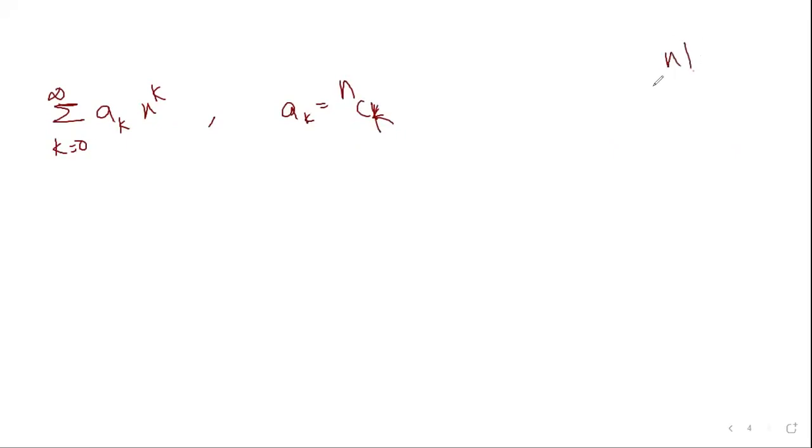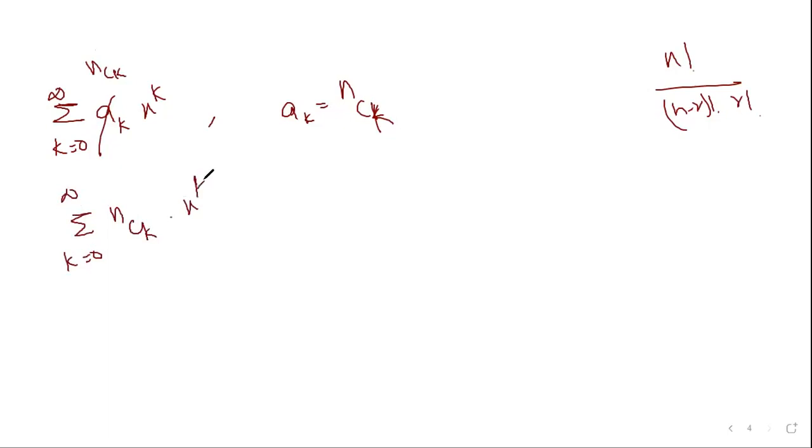What is nCr? n factorial by (n minus r) factorial into r factorial. So if instead of ak I want to write nCk, let me write it: k equal to 0 to infinity nCk into x power k.